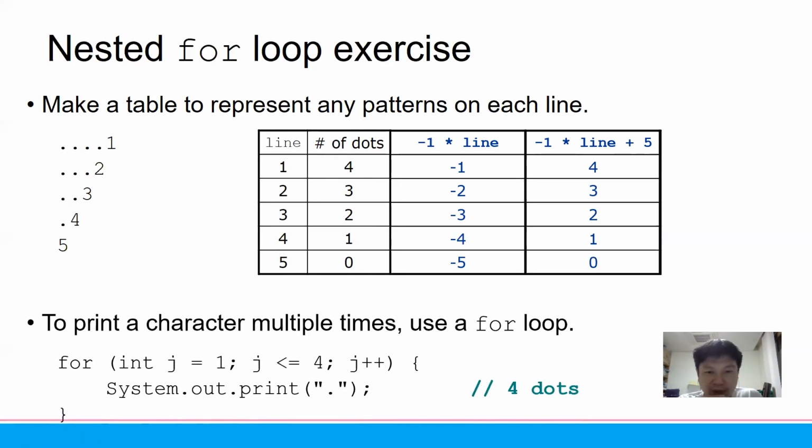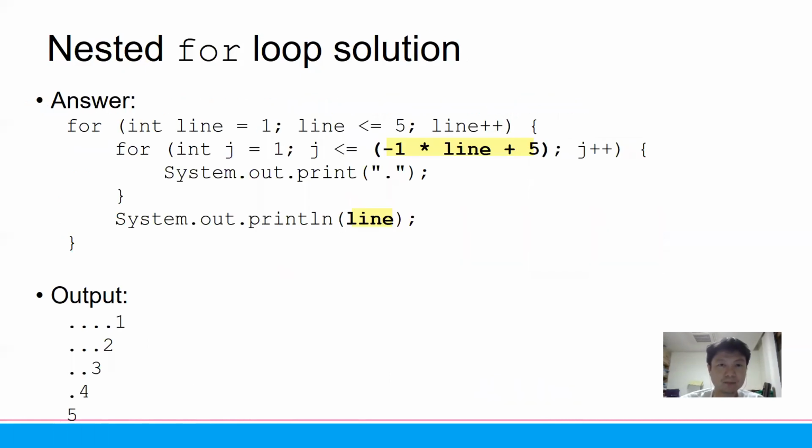To print a character multiple times, you can use a for loop. Now you have the initial value and the later value, and your task is to use the for loop to print only the dots. So the answer is something like this.